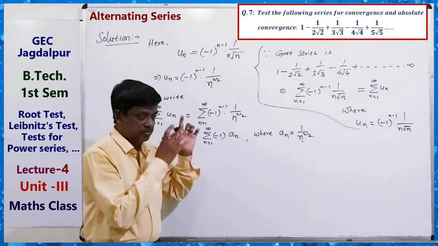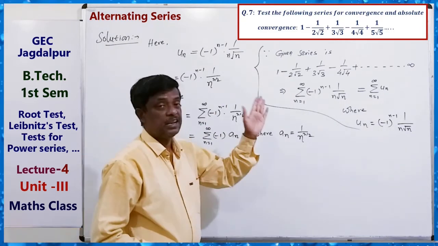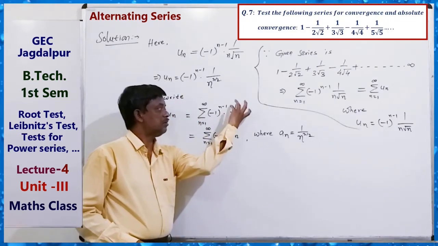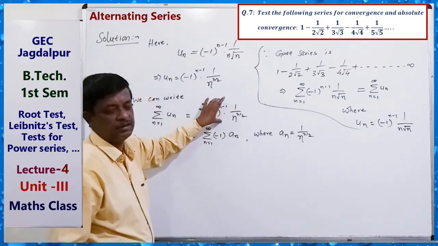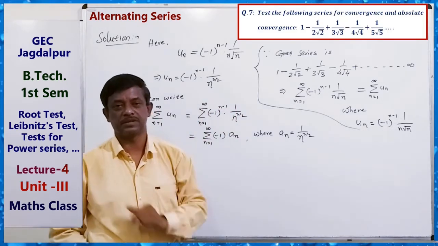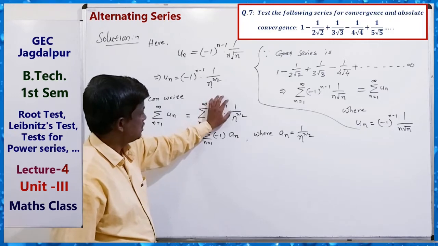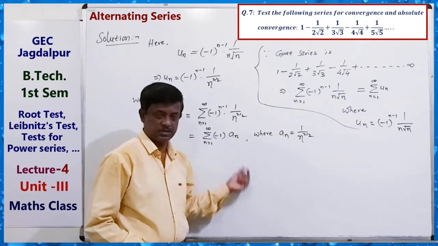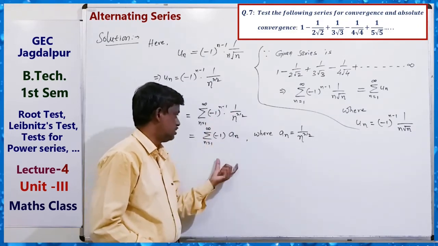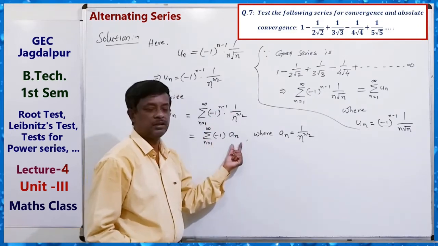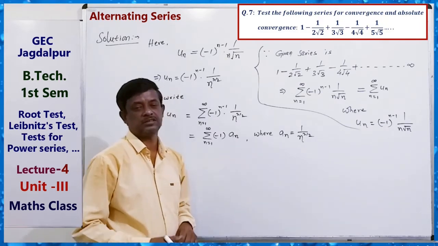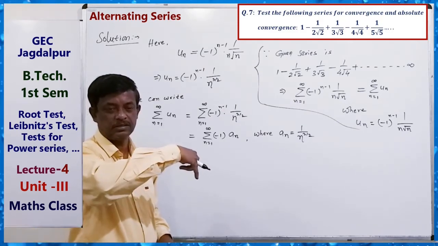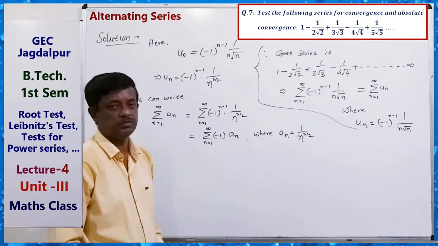Using the Leibniz test, we consider only this part, which gives the signs plus, minus, plus, minus. So for this an, we test whether it is numerically decreasing, and tending to 0.